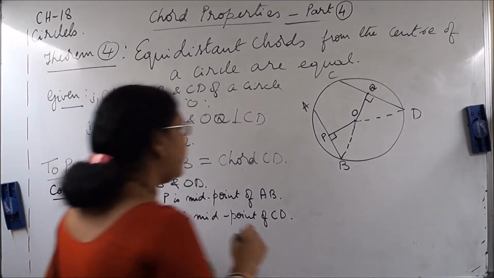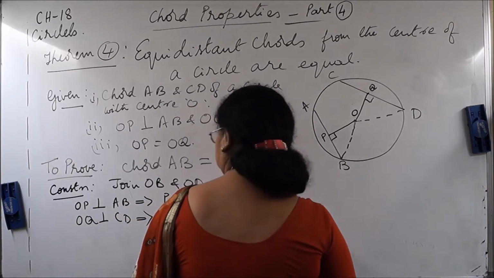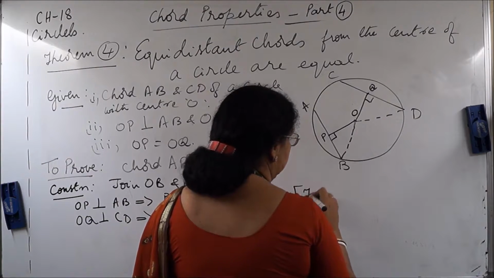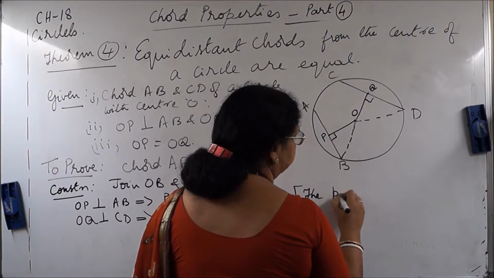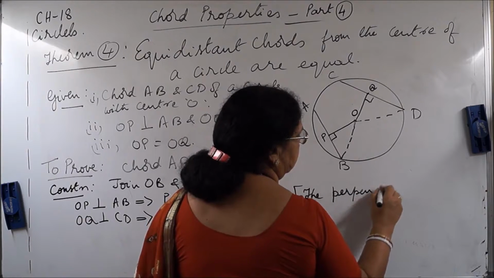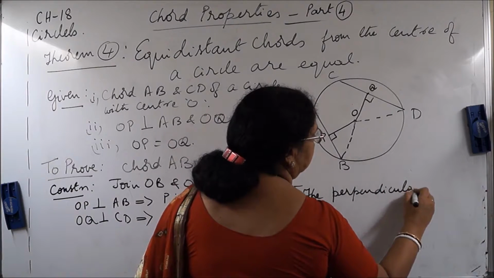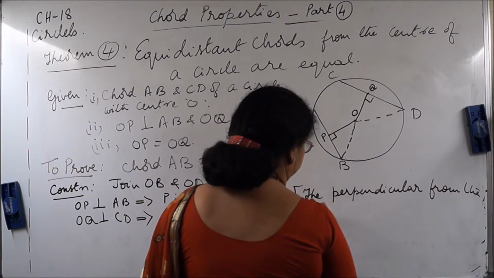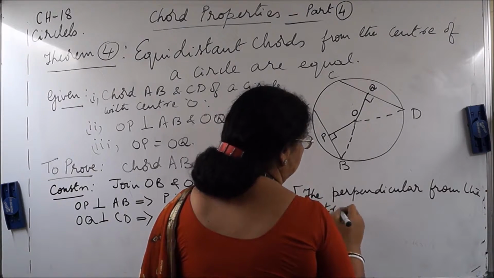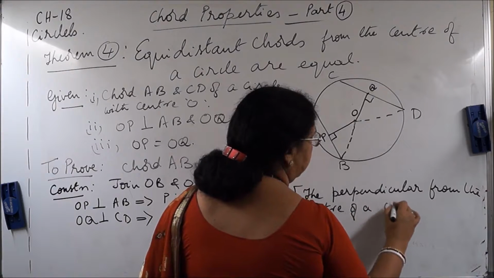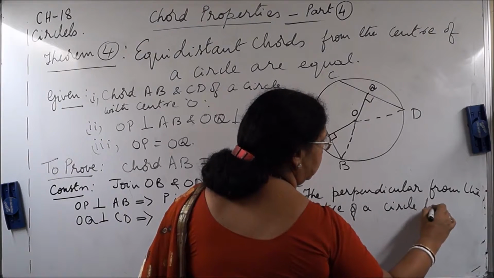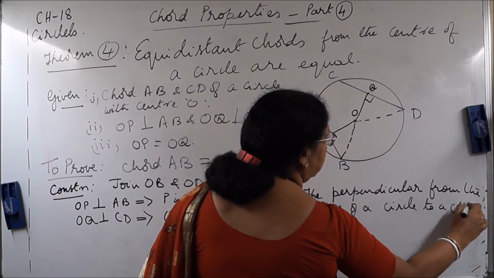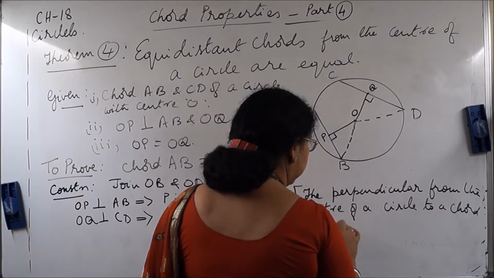And what is the reason for this? The reason is the perpendicular from the center of a circle to a chord bisects the chord.